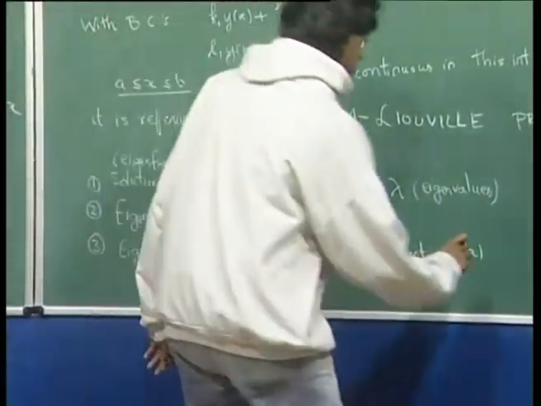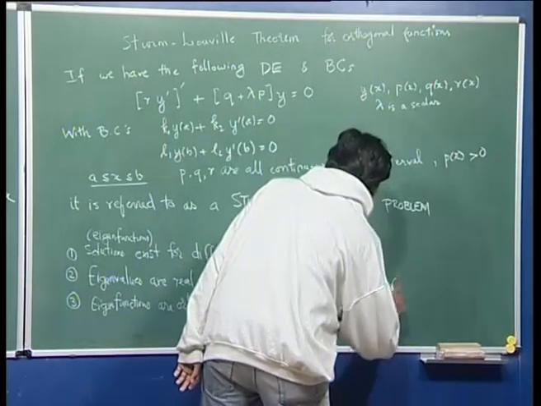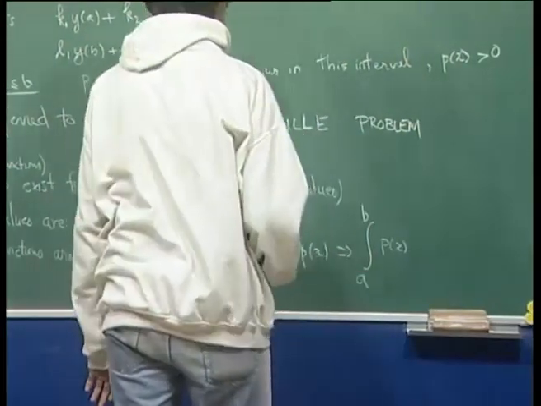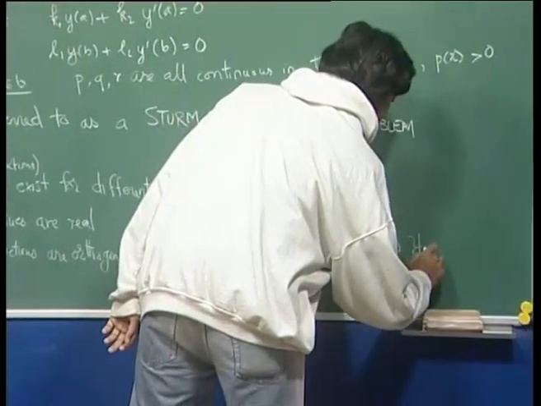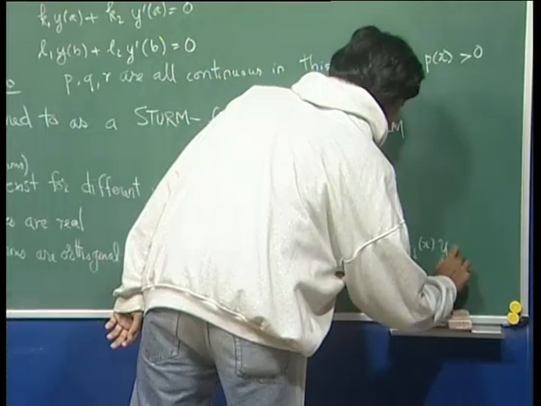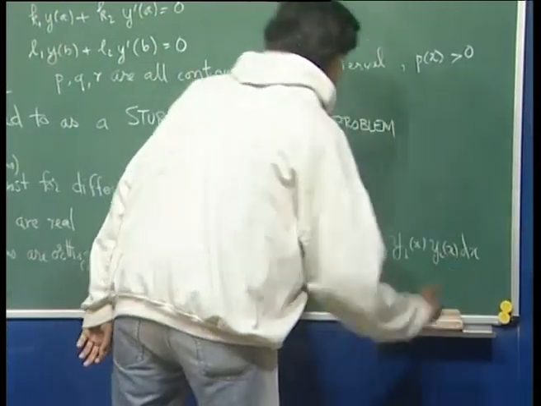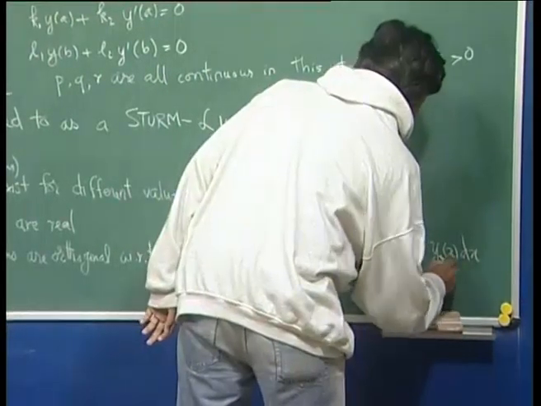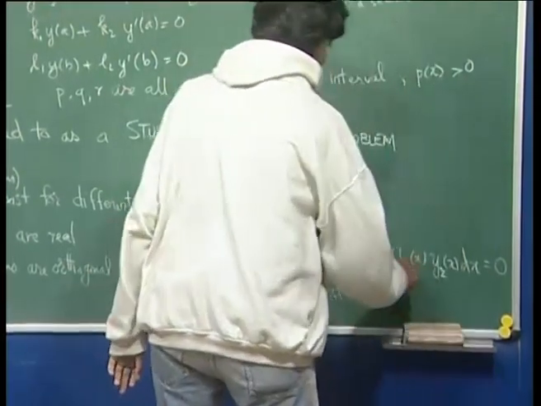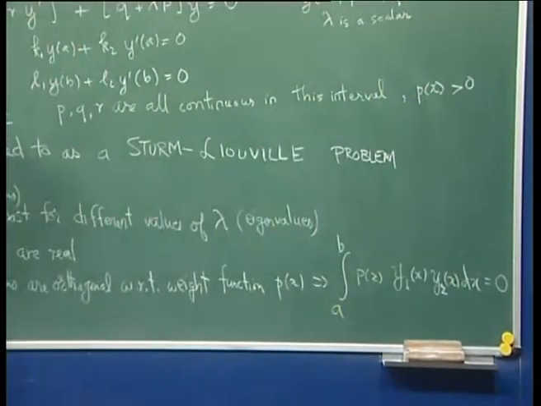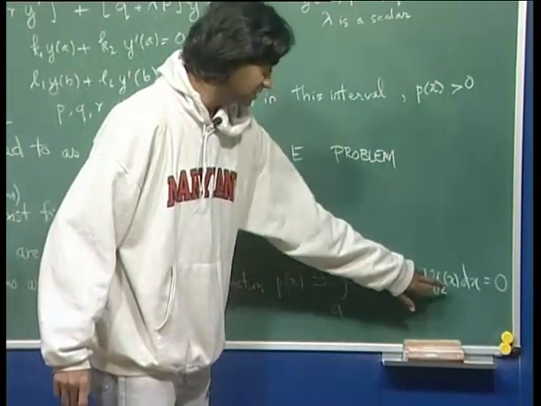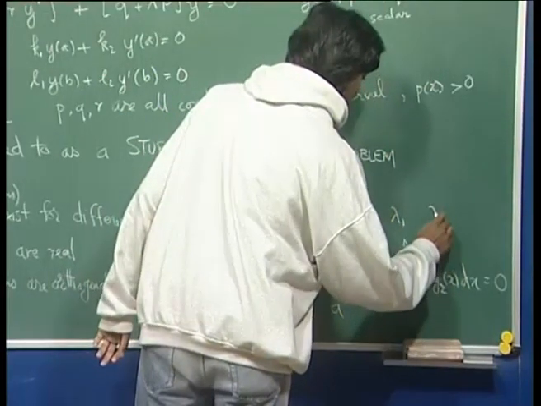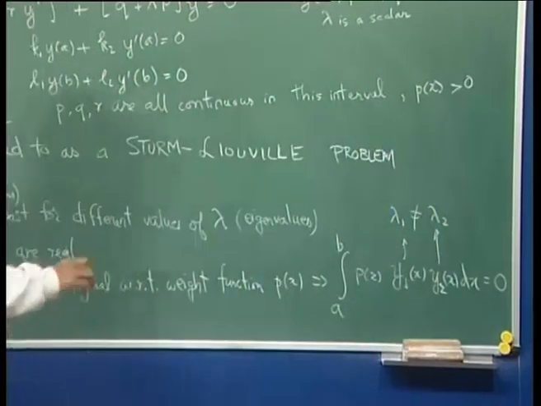So, what this means is that integral from a to b p of x y1 of x y2 of x dx, so you can write it in this form, this quantity, is equal to 0, if the eigenfunctions are y1 of x and y2 of x, where 1 and 2 refer to two different eigenvalues. Okay. So, these are eigenfunctions corresponding to different eigenvalues. So, this corresponds to lambda 1 and this corresponds to lambda 2, and lambda 1 and lambda 2 are not equal to each other.